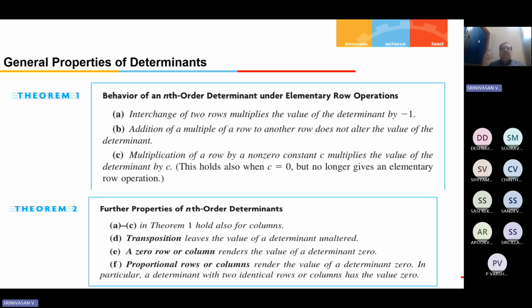In the sense, if it was plus 8, it will become minus 8. If it is minus 8, it will be plus 8. We can just see an example. Let's take a simple determinant, a 2 by 2.